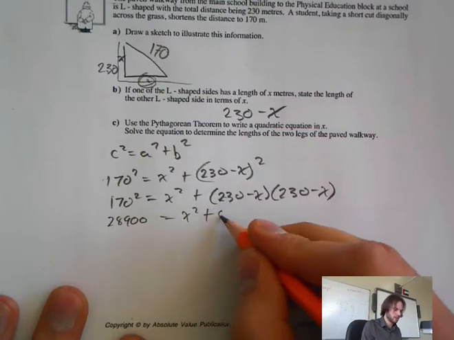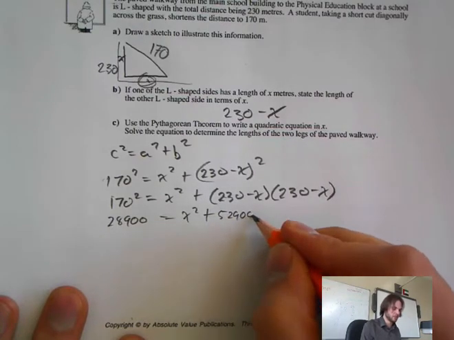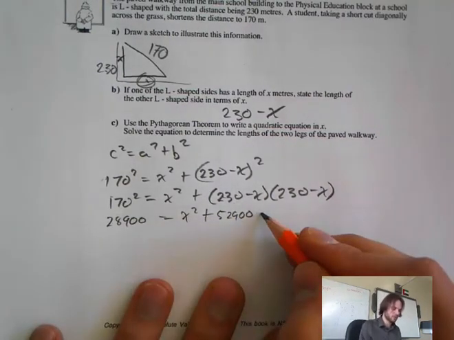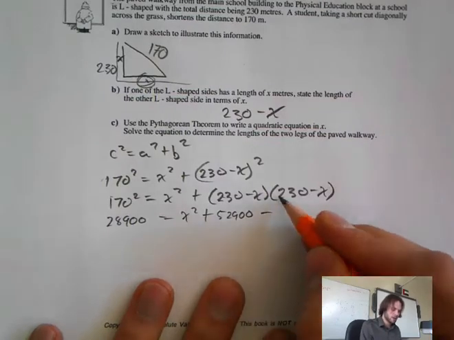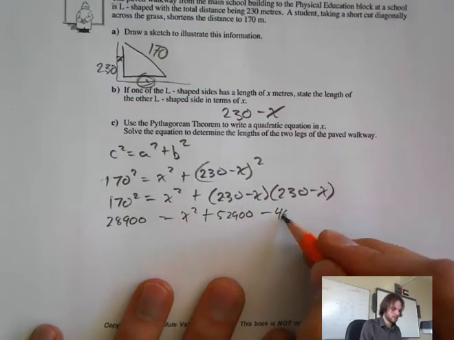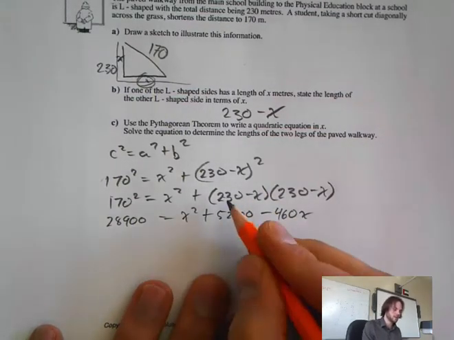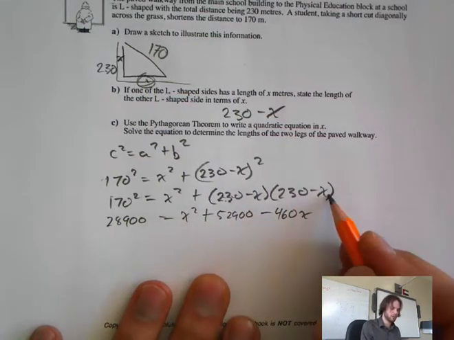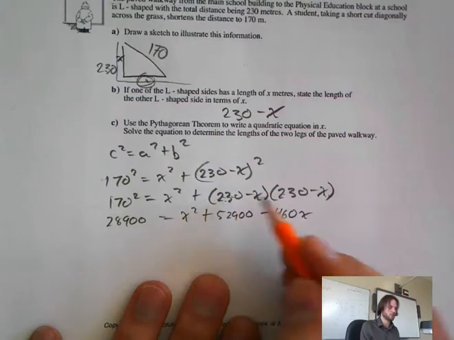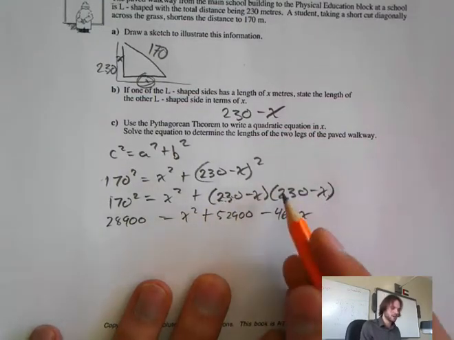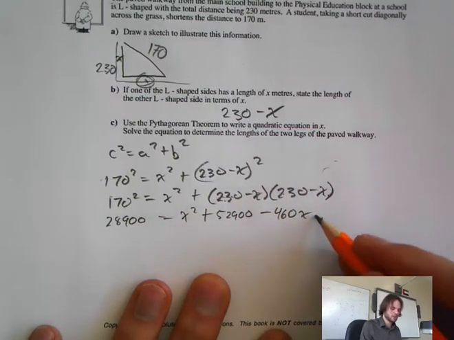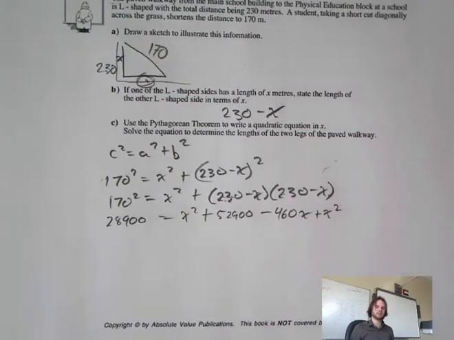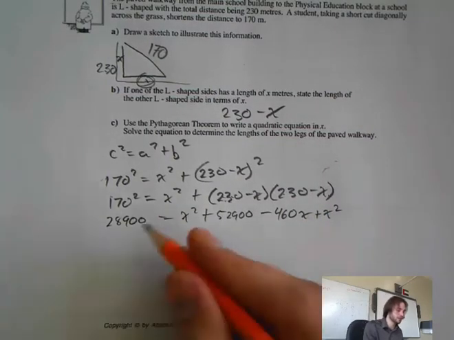This times that is 52900. And then we're going to have to subtract 460x. So I multiplied this by that, and this by that, and this by that. I have two of these, so that's 460x. And then plus x squared. Okay, I just kind of simplified it there because this is a long lesson.